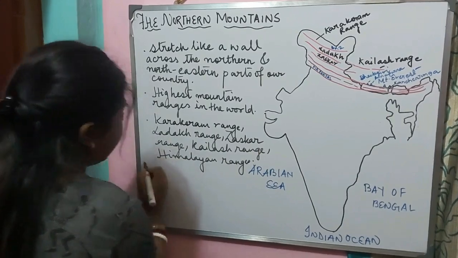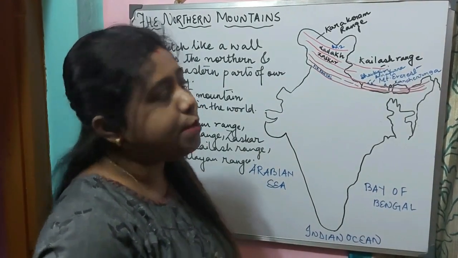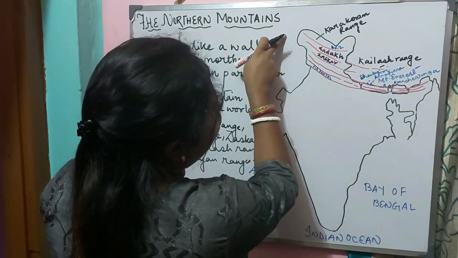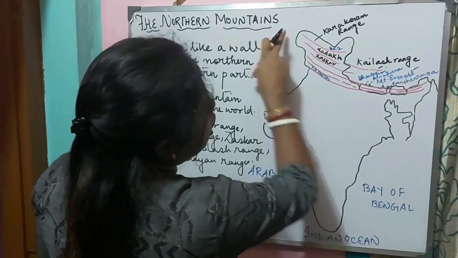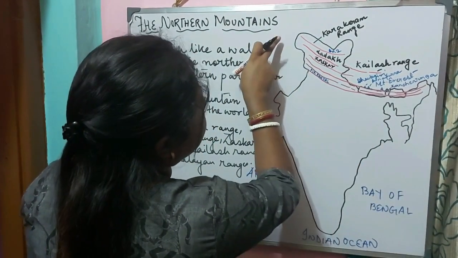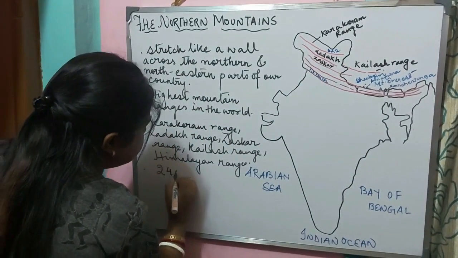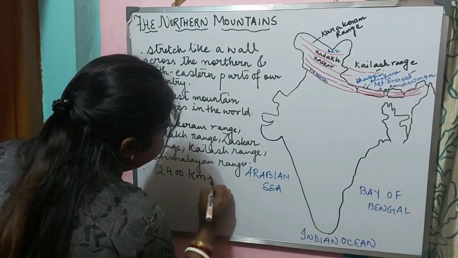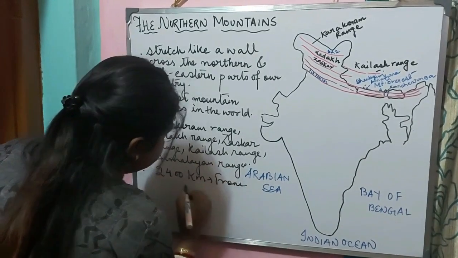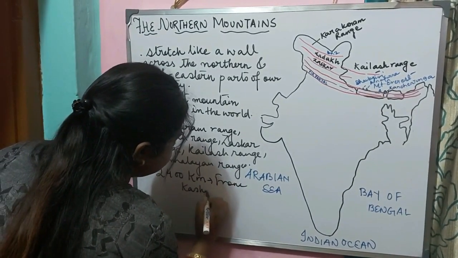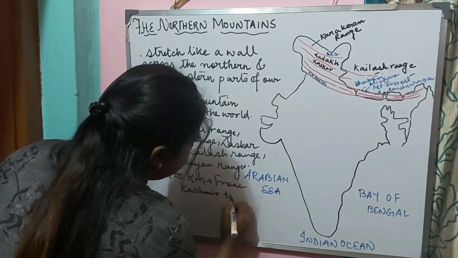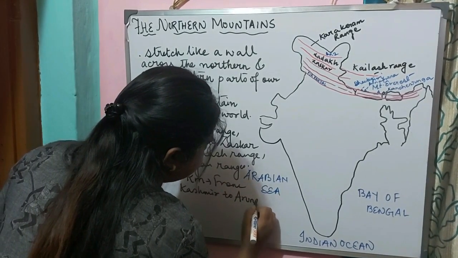Let us see the extension of the Himalayas. It extends from where? Kashmir to Arunachal Pradesh. So from Kashmir to Arunachal Pradesh, it extends for 2400 kilometers.